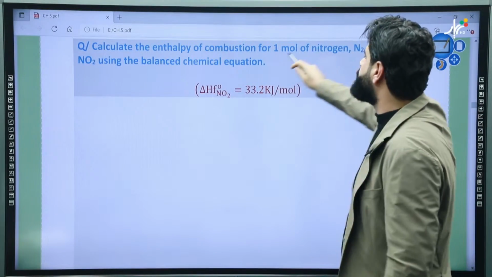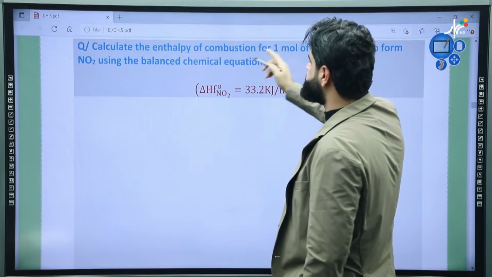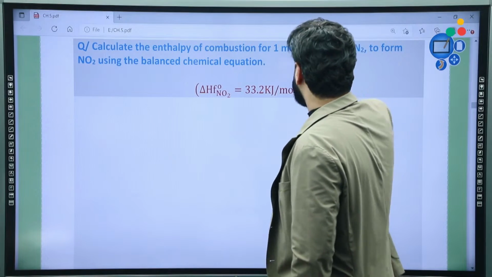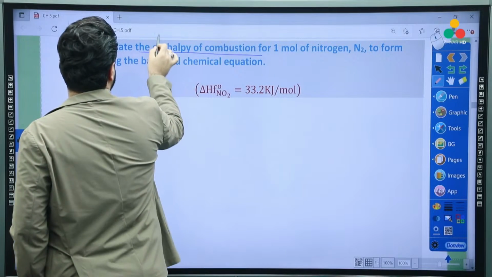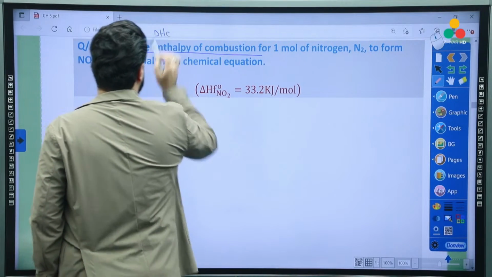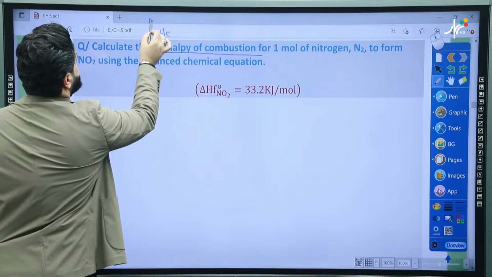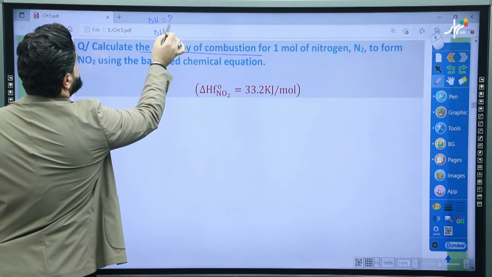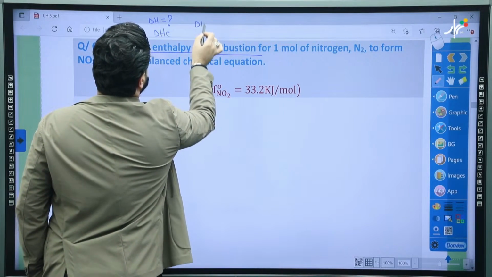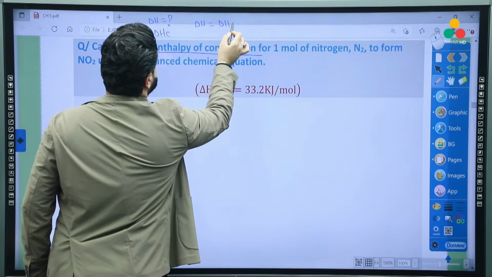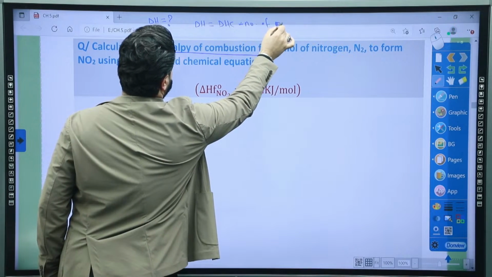Calculate enthalpy of combustion for 1 mole of nitrogen N2 to form NO2 using the balanced chemical equation. In this question, we have to calculate delta HC. In order to get the value of delta HC, first step we have to calculate delta H. Then using this equation formula, delta H equals delta HC times number of mole.